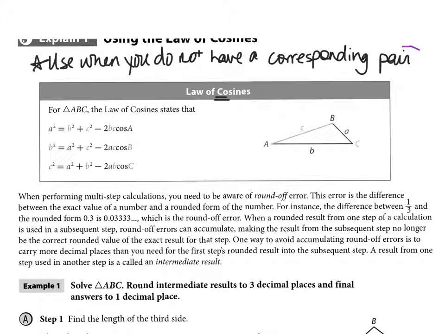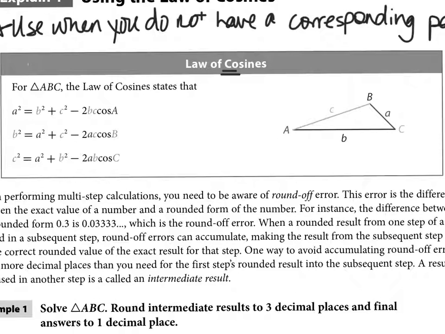So let me explain to you kind of how this formula is set up. All right, so let me show you what this looks like. I'm going to focus really on this last formula, even though they're all the same in reality. So notice some things about this last formula. The first thing I want you to notice is that this is very similar to the Pythagorean theorem, a squared plus b squared equals c squared.